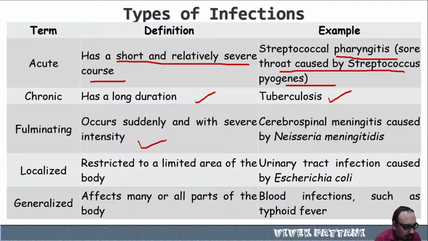Next one is fulminating infections. What do we mean by fulminating infections? These are infections which occur suddenly, with a severe intensity.